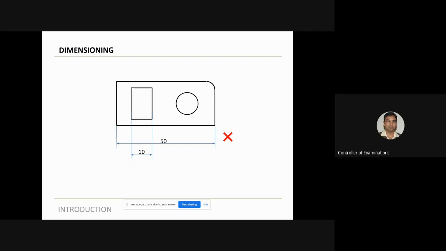And you can see there is interference of the 2 dimensions. The dimension line of this 10 mm and the 50 mm, they are intersecting each other. This is not a good way of dimensioning. Never should the dimension lines intersect each other.